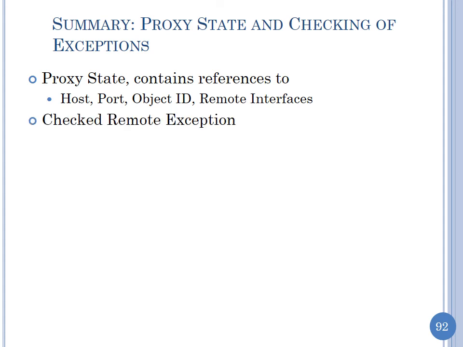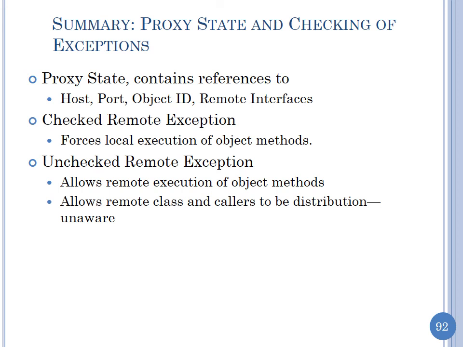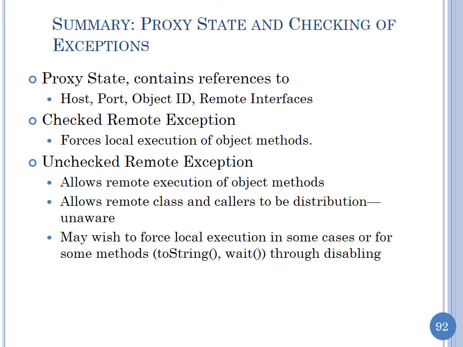We saw that if you have checked remote exceptions, then we have to execute object methods locally. But if you have unchecked remote exceptions, then as in GIPC, you can invoke object methods remotely, and that allows remote classes and callers to be distribution unaware. That's another implication.